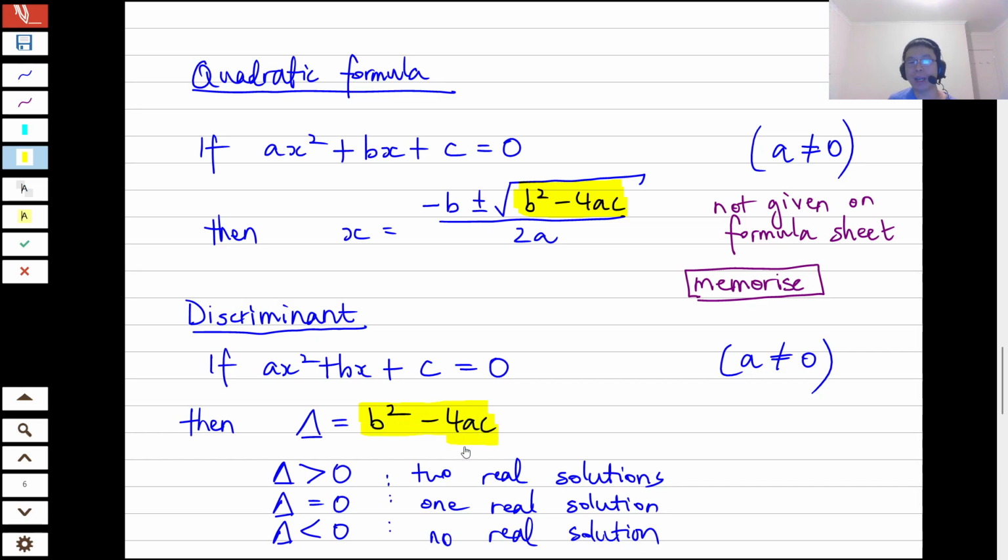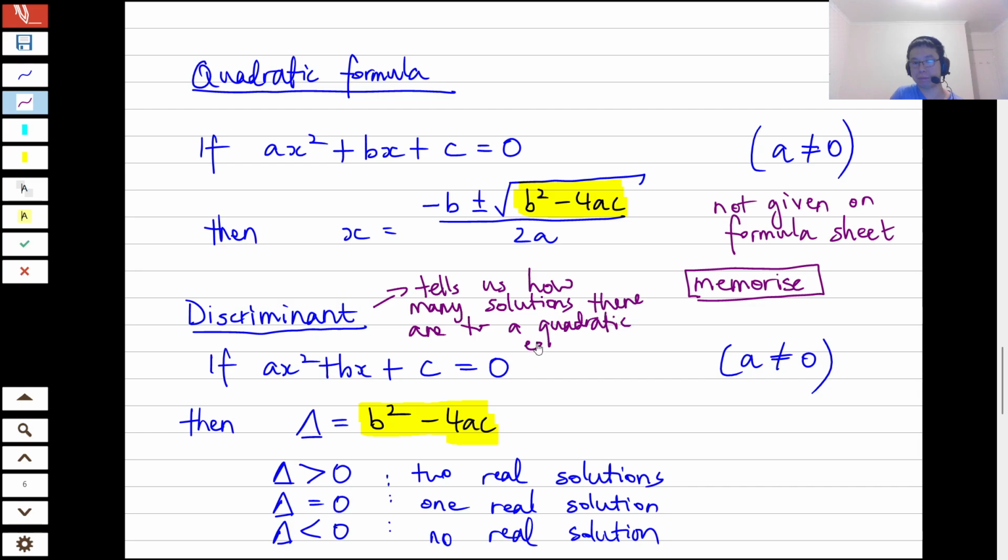Now, why is this interesting? Why is this useful? The discriminant tells us how many solutions there are to a quadratic equation, without having to find them.